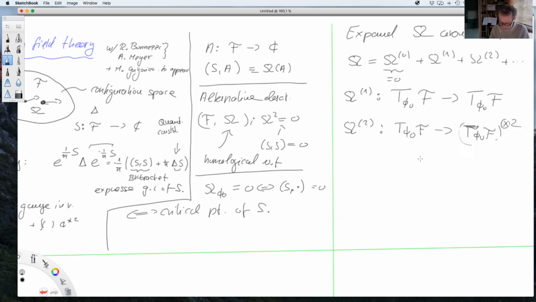Now, because it's a homological vector field, omega squared is equal to 0, as we noticed. That implies that this collection omega k, with k bigger than 0, where omega 0 I take to vanish, forms an L-infinity algebra.